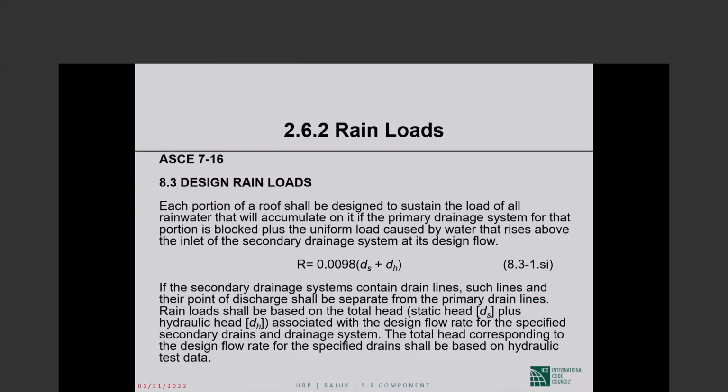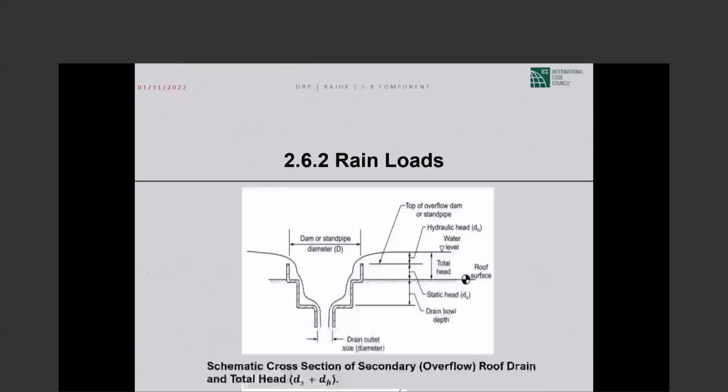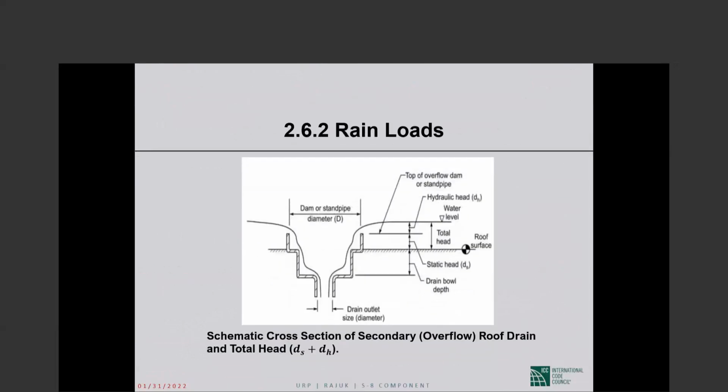For the longest time, I had a lot of trouble figuring out the design rain load until clarity came in AC 716. And I have included some stuff out of AC 716 that I have no time or intention to go into. But I did want to point out that this is a pretty complex subject.